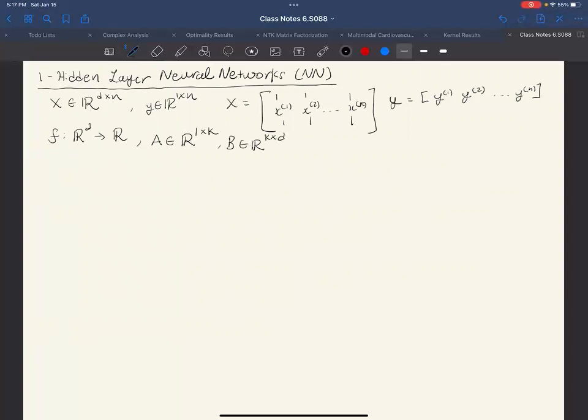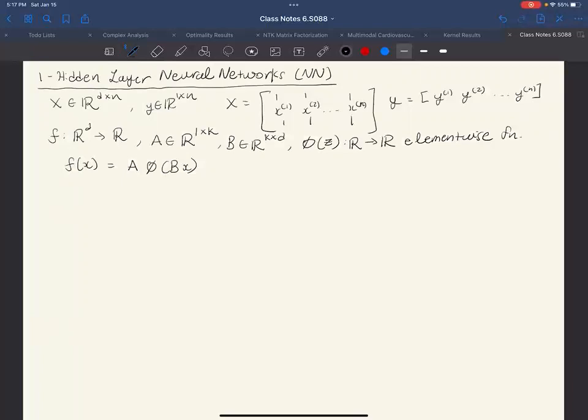Notice that the k's match there between A and B. And then I'm going to take some nonlinearity phi, which is just a real valued function from R to R, a single variable function. I'm going to use it as an element-wise function. What that means is that if I apply phi to a matrix, I'm just applying phi to every entry of that matrix. And now my neural network, for any x, I'm just going to write it as A phi of Bx. So this is going to be my predictor.